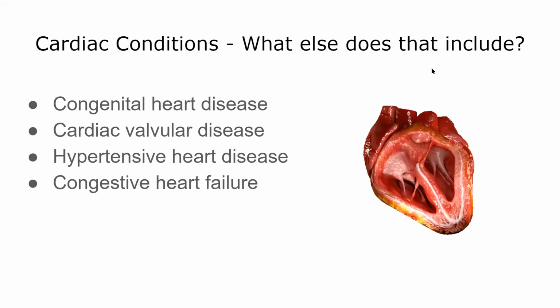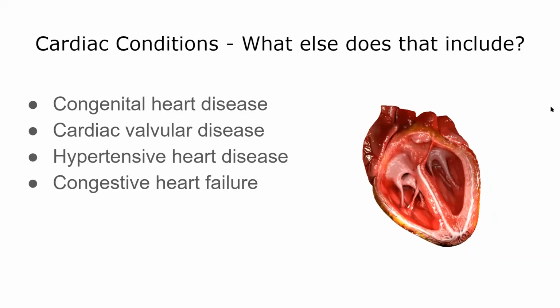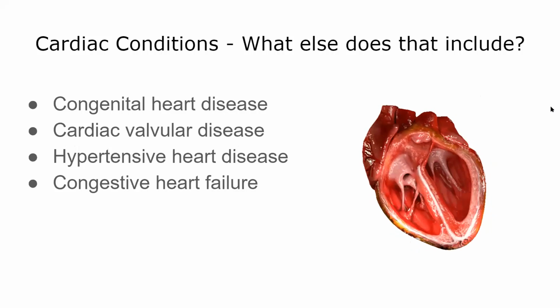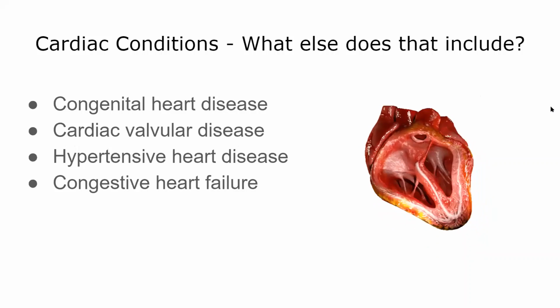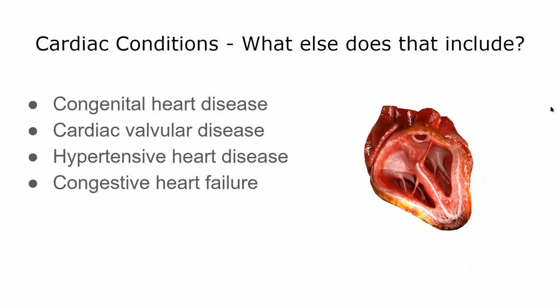When we talk about cardiac conditions in pregnancy, there's a few different categories. So what else does that include? Well, we have our congenital heart disease, and that would be those disorders or those things that mom already comes with, which is her acquired. She's had heart surgery, she's had hypertension.